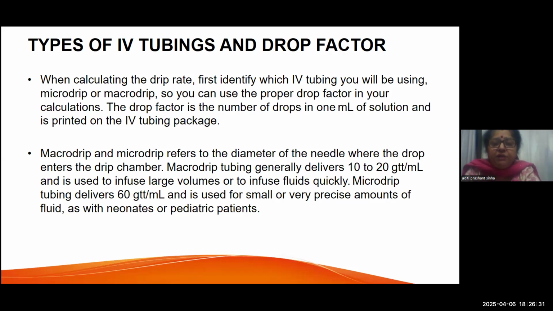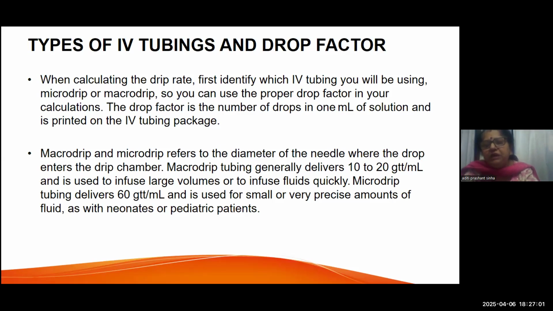That is the diameter of the needle where the drop enters the drip chamber. If you remember, close your eyes and recall an IV set. In the drip chamber, the amount of fluid which drops in has the micro drip and the macro drip factor. Macro drip tubing delivers 10 to 20 GTT per ml. What is GTT? It is drops per ml.